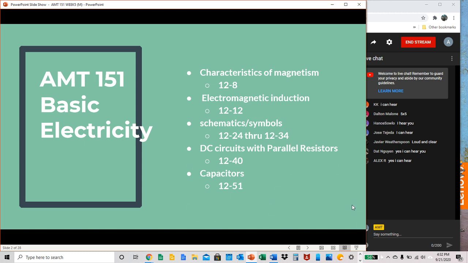There's a lot of information about that as well, including more in-depth information than what we're going to cover today. But we will continue covering that through the next few lectures, so pages 12-24 through 12-34. DC circuits with parallel resistors, page 12-40, and some more discussion on capacitors, which is covered in the handbook on page 12-51.